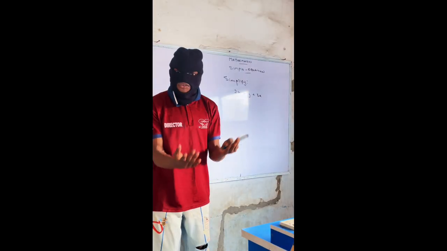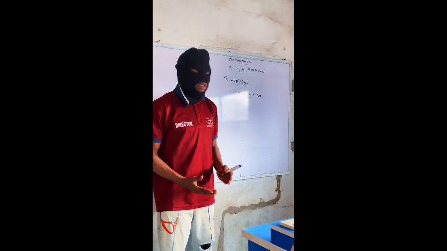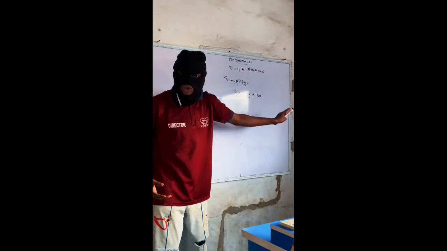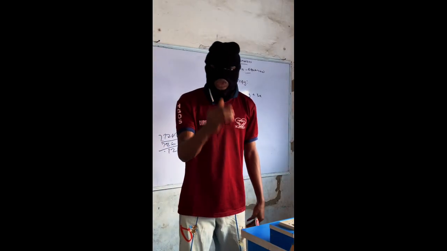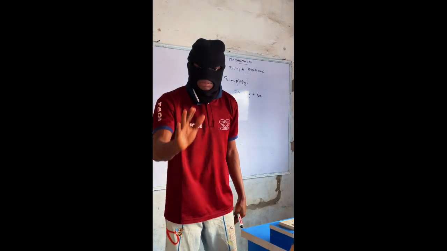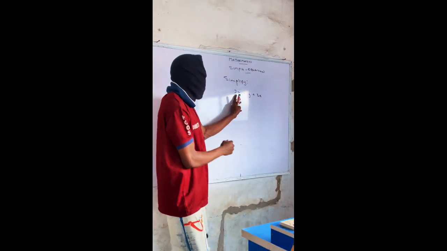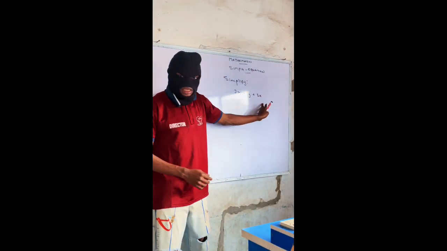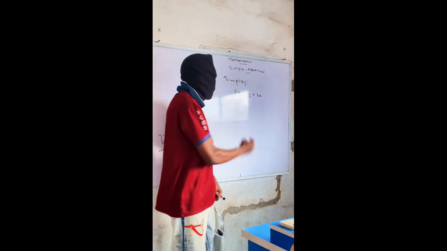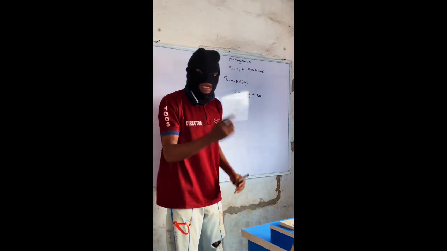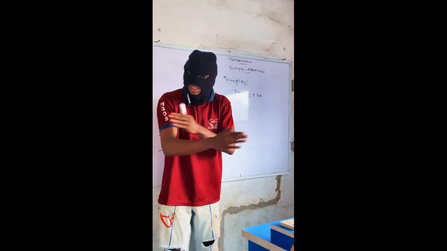Now you have different variables in this question: you have your x, you have your y. What you are going to do is collect like terms. This is x here, this is x here, they are the same, and this is y. And we all know that 2x plus y can't give you a single answer.